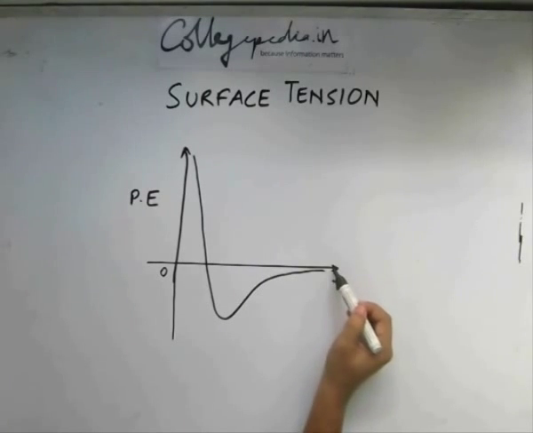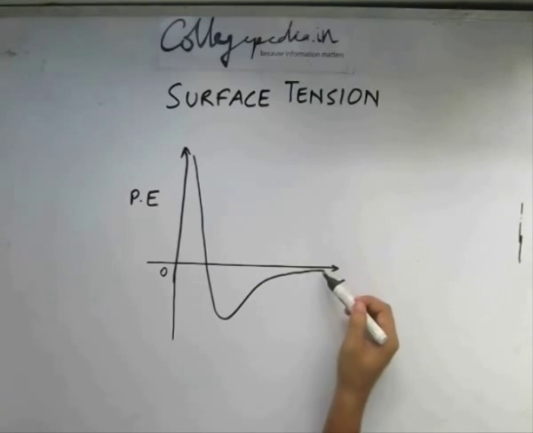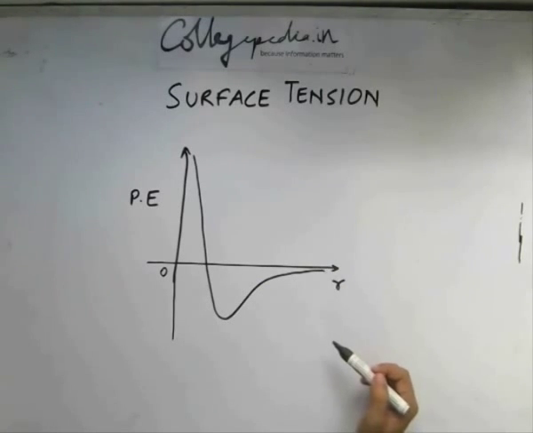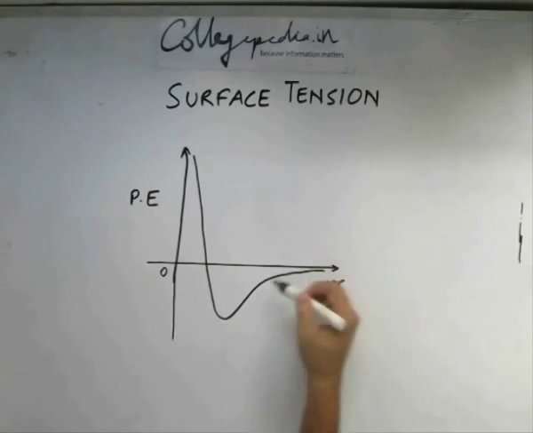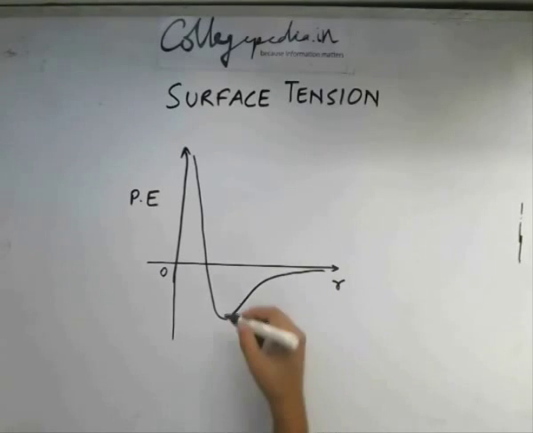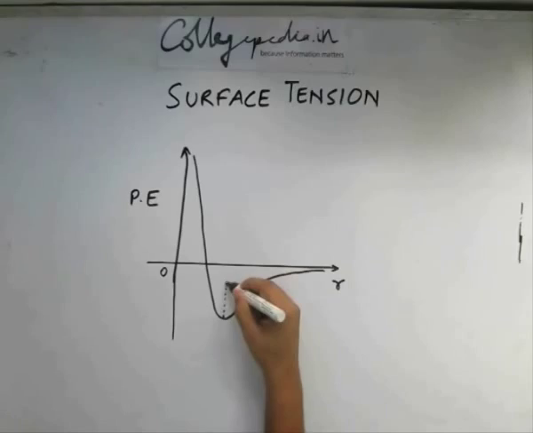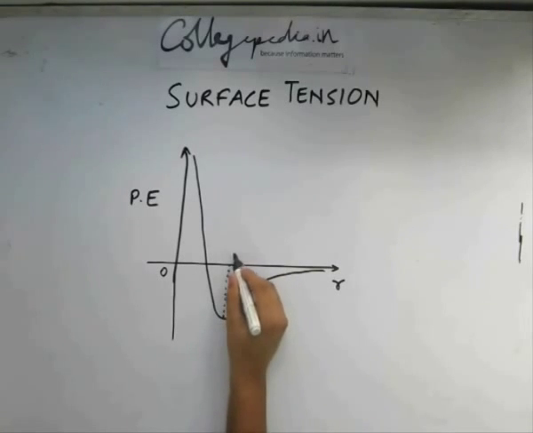This is an asymptote, or a line which meets this curve at infinity. This r-axis is basically the asymptote. This point on the r-axis, say, is r0.